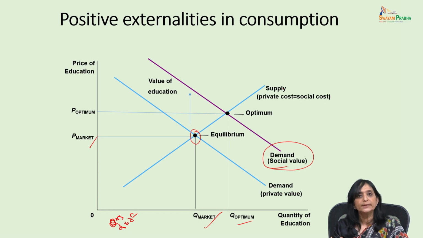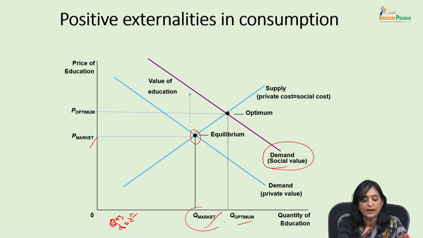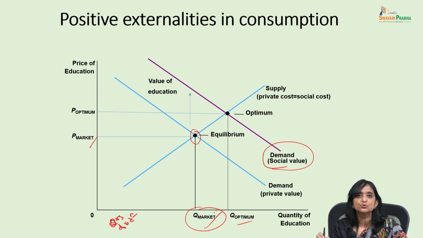So both negative and positive externalities in production and consumption are leading to market failure. Unless through policy intervention we correct this externality, the market will not allocate the resources the way they should have been.